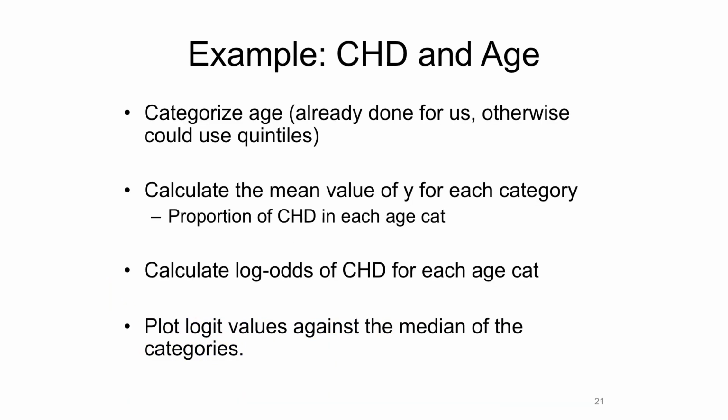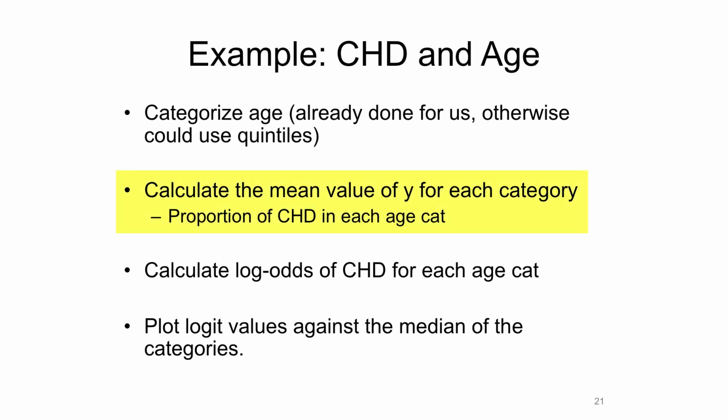Remember that we check linearity for all continuous variables included in the model. Let's try an example using age in the CHD dataset. Luckily, we already have a categorical version of age, so we can just use that. If we didn't already have this variable, we would need to categorize the continuous age variable to check this assumption.